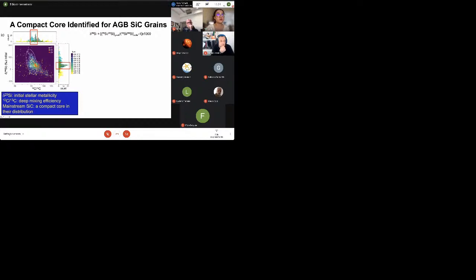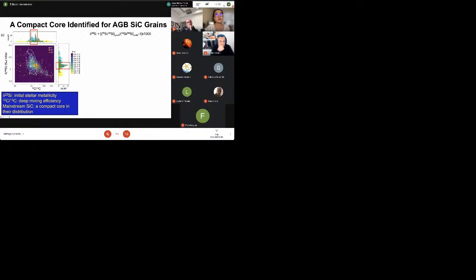And this delta notation is defined as the deviation of the isotope ratio from the solar system value magnified by a factor of 1,000. So in this delta notation, 0 represents the solar system value.